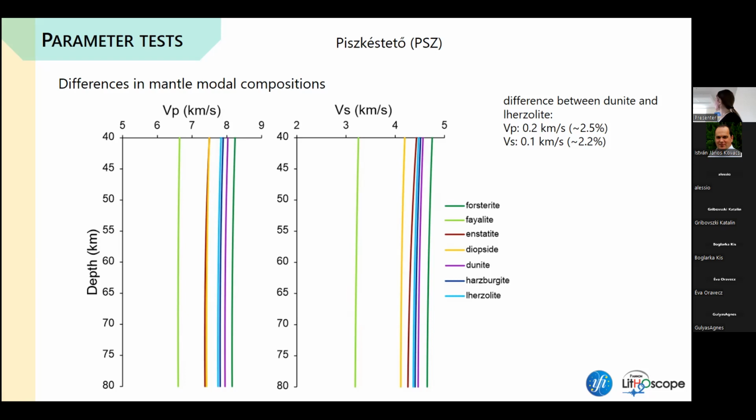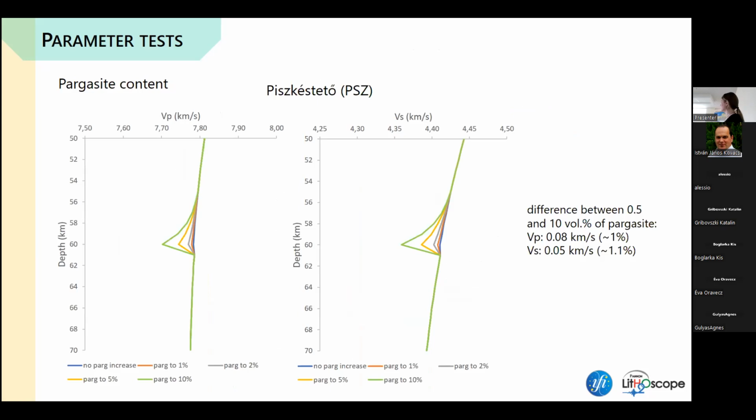So actually, what we should be looking at is the realistic difference between these mantle rocks: dunite, harzburgite, lherzolite. The difference between dunitic and lherzolitic composition would be around 2.5% in the velocities. Because I was talking about the pargasite, the role of the pargasite, we also checked how an increase of the pargasite content around the LAB or above the LAB would influence the seismic velocities.